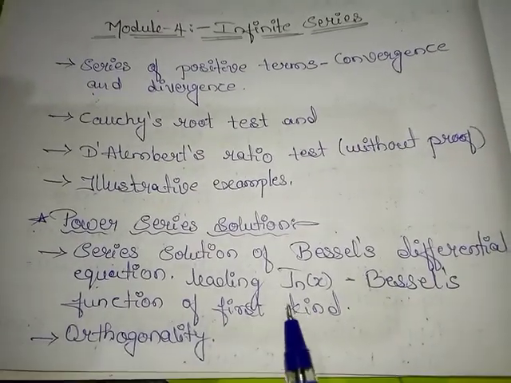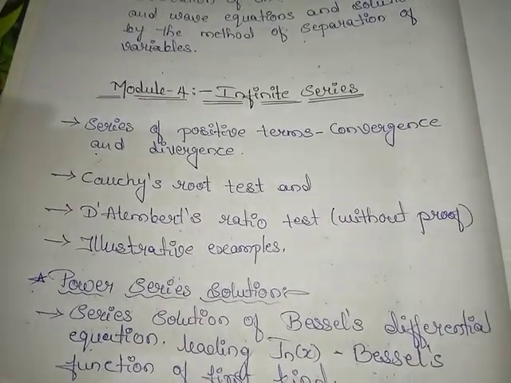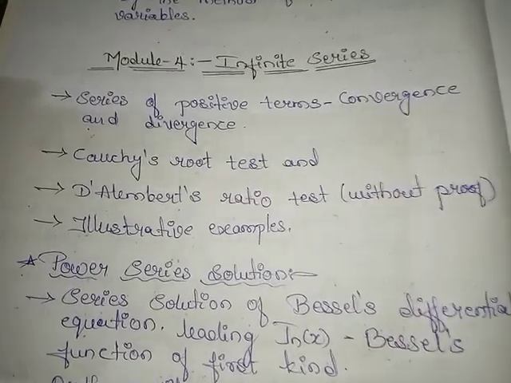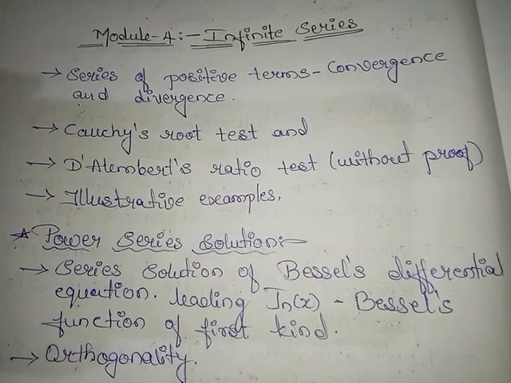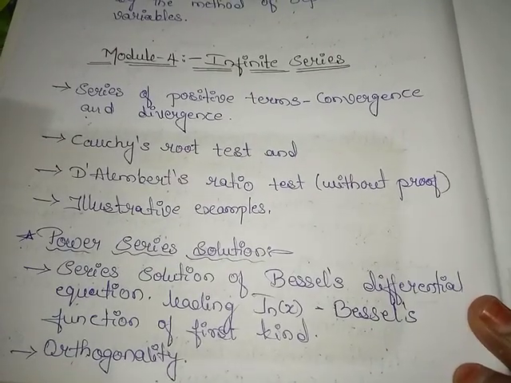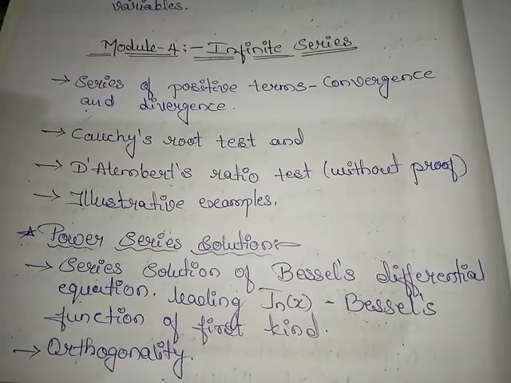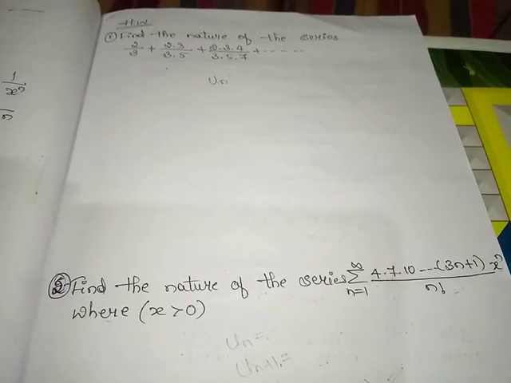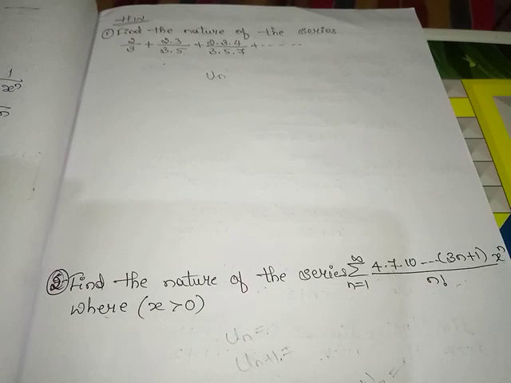In the next class we will see the next part of this fourth module. Before going to this second part, you must write all the notes and understand all the concepts. If you have any doubt, we will see in the live classes, and all of you must solve these two examples.